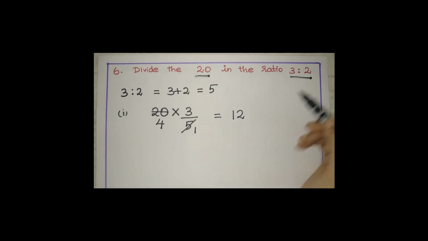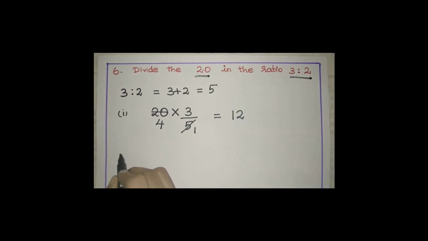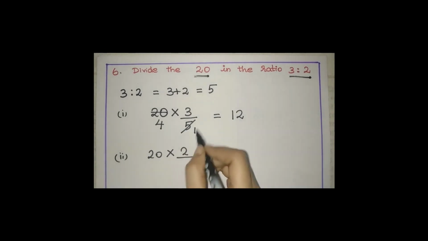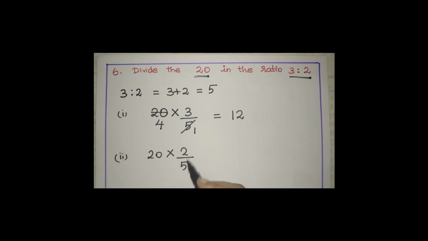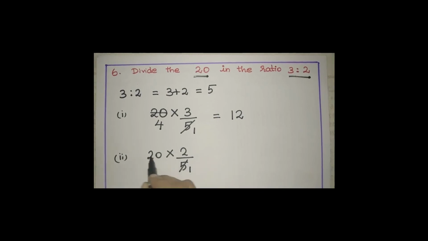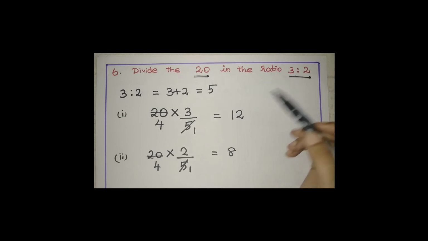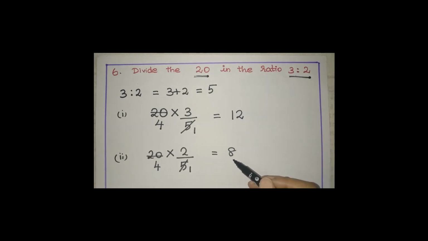Now let's find for the 2 parts. So you have to write the number 20 and the part 2 by total parts 5. So again I can cancel 1, 4 times 4 2s are 8. So I am dividing 20 in the ratio 3:2 as 12 and 8.